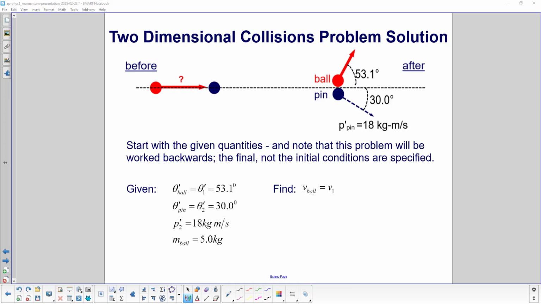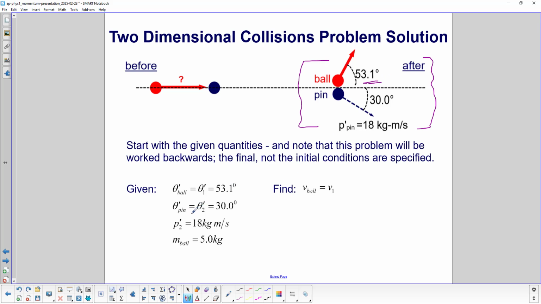Let's work another problem. Start with the given quantities, and note that this problem will be worked backwards. The final, not the initial conditions, are specified. So here's our final conditions right here. Okay, and that's after. And here's our givens. Theta prime of the ball, we're just going to call that theta prime sub 1, is 53.1 degrees.